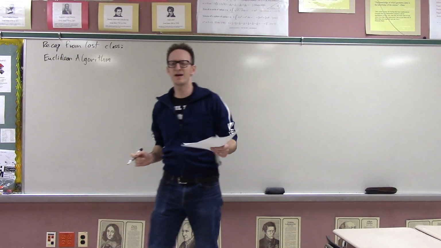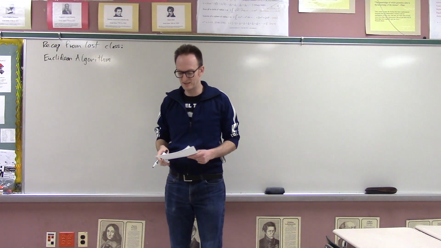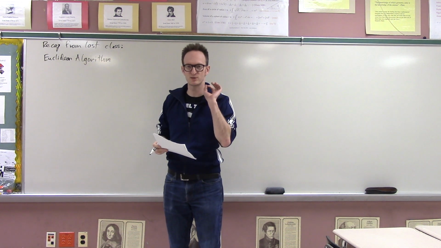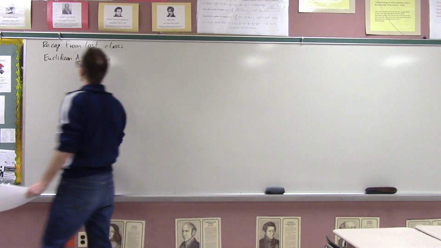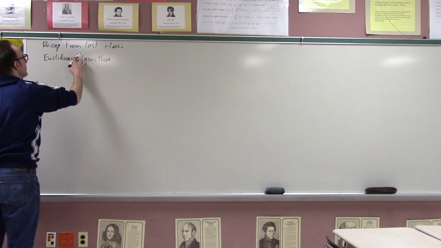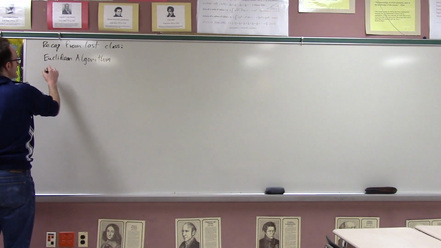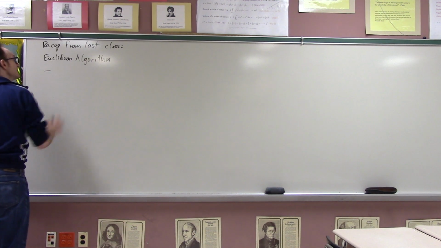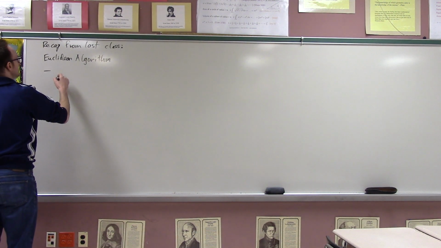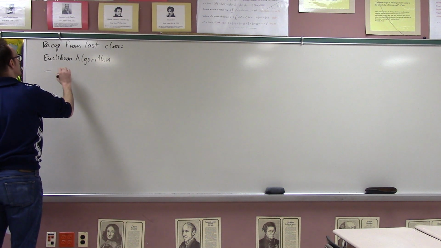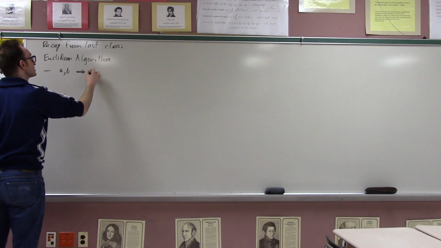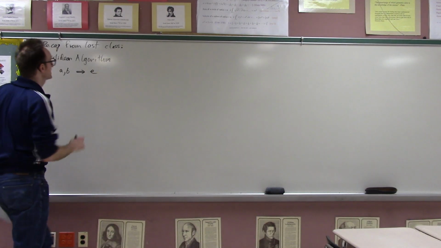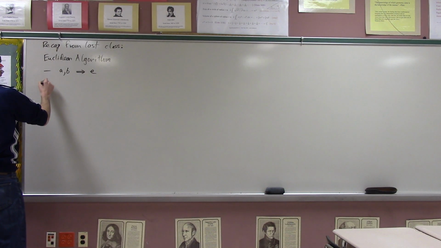My explanation wasn't perfect, but I tried to make some clarifying remarks on Canvas, and I think I did a pretty good job. Basically, we presented an algorithm which, given two numbers A and B, produces this new number E, and we showed that this algorithm terminates.